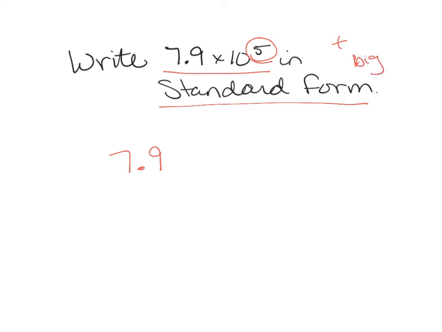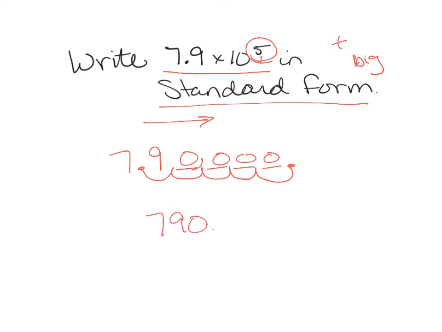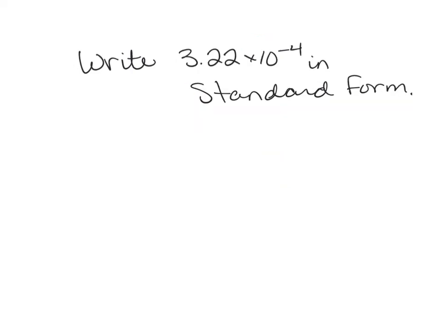So we're going to move our decimal point to the right, and we're going to move it 5 times. So we're going to go 1, 2, 3, 4, 5. There's where our decimal point is now. We have these blanks, which we are going to fill in with zeros. We're going to make sure we have our commas in the right place. 790,000. Our answer in standard form is 790,000.